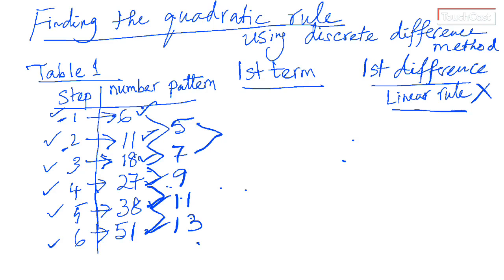We look at the first difference column, which is this, and then we look at this term. 7 minus 5 gives you 2, and so on.